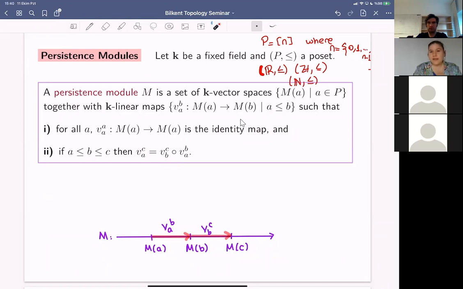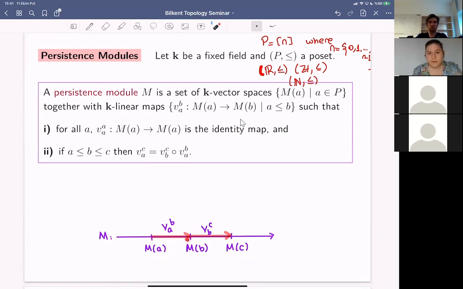Imagine that the poset is the set of real numbers R. Just represent a persistence module on a real line. In this case, you are assigning to each point A of the real line a vector space, let's say M of A. Between M of A and M of B, there is a linear map.